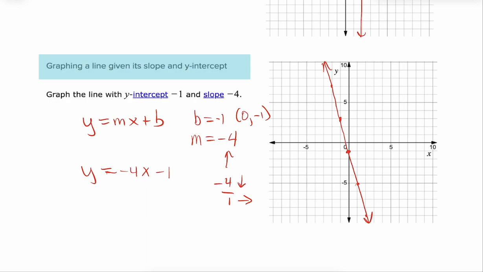Any questions about graphing a line when given that information? I would assume on ALEKS that they have the little thing where they want you to mark out 2 points. I would say mark that y-intercept and then count your slope to mark the second point. So everyone good with that one?